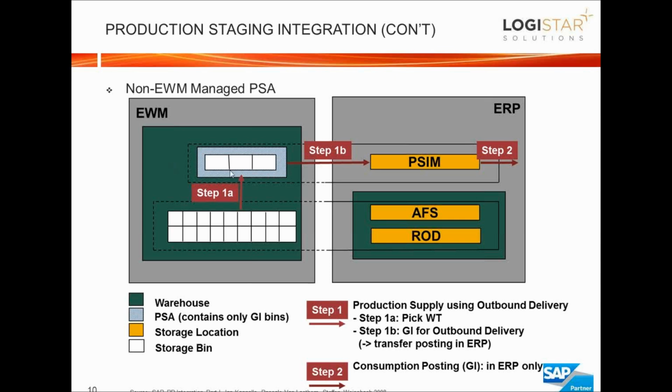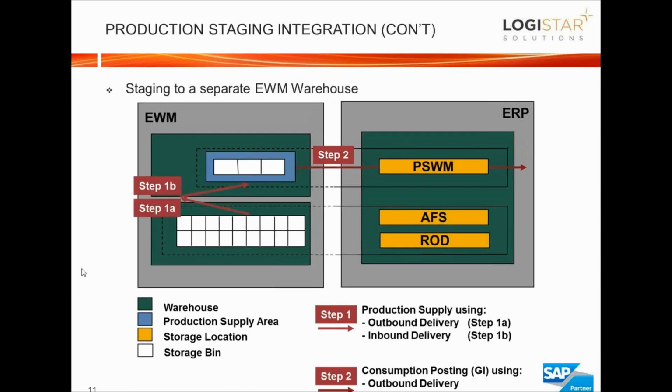They're not true bins in EWM. So there's still a pick and a transfer over to that staging, but ultimately that's goods issued out to an outbound delivery over to ERP. So if you have the option of not wanting EWM to manage the PSA areas, you have that option as well.